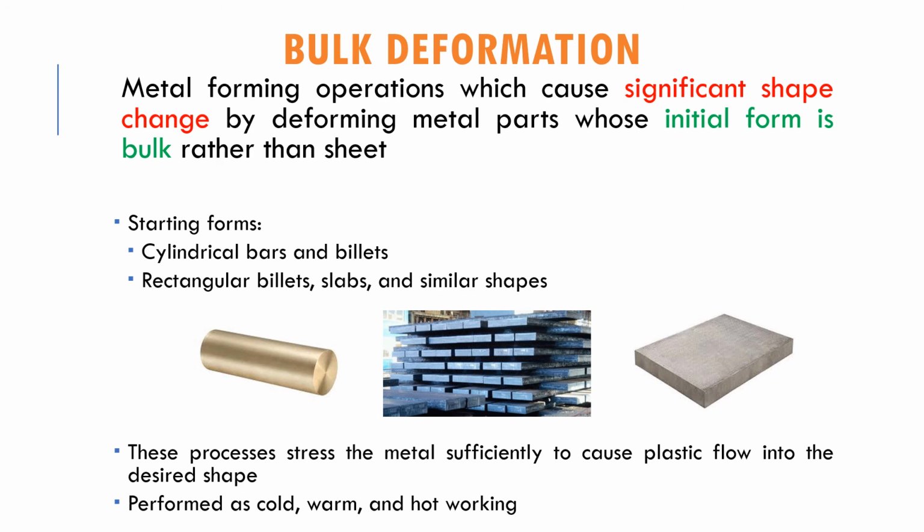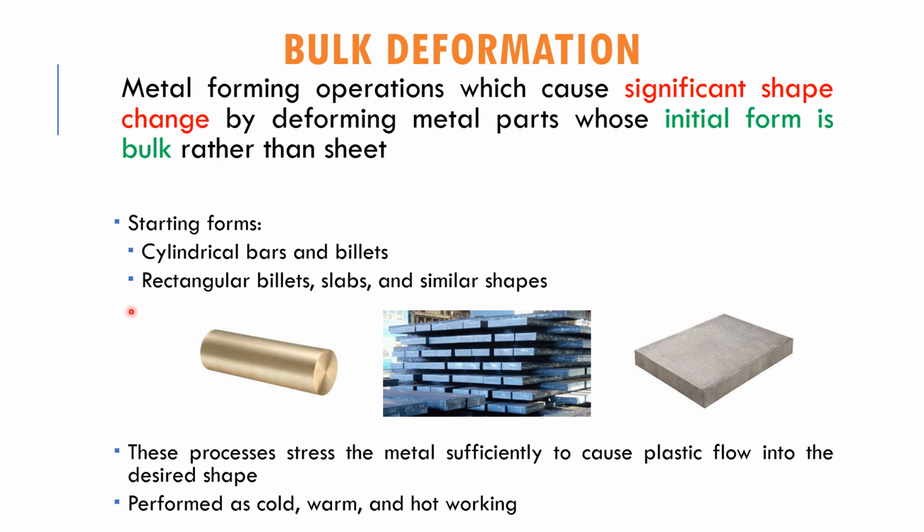The starting form is usually a cylindrical bar or billet, or a rectangular billet, slab, and similar shapes, like the ones shown in the picture here. This process stresses the metal sufficiently to cause plastic flow, so it changes into the desired shape after the plastic deformation.